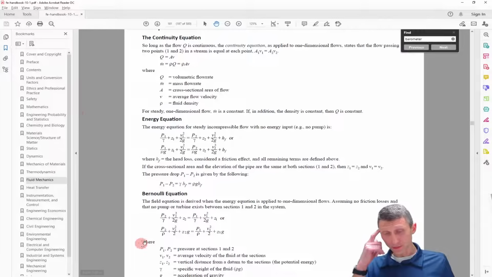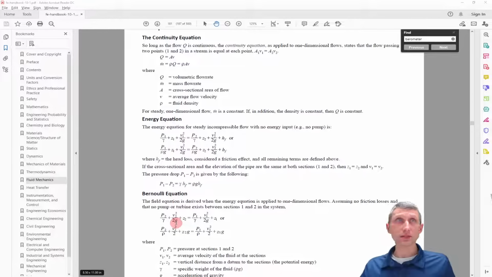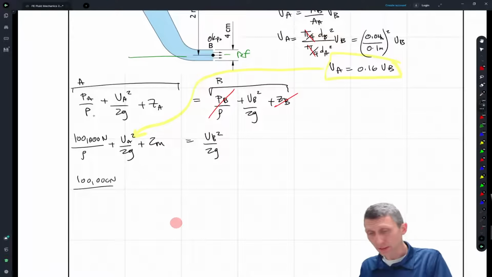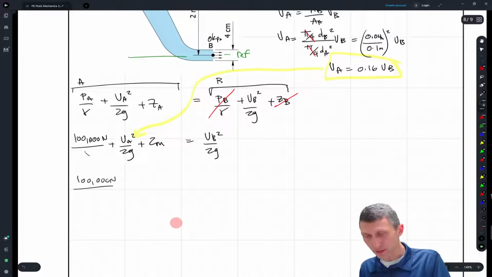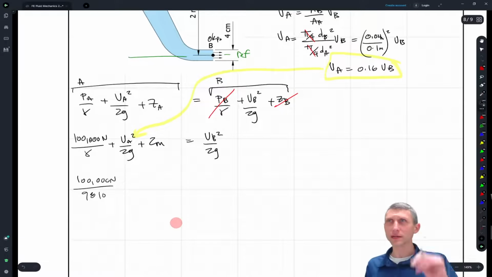Bernoulli, what is it? It's P2 over gamma, and here's the 2G, right? So P2 over gamma, and we have the 2G. So I lost a G. Sorry about that. I wrote it down right in my notes because I had 9810 in here in my notes, but then I was like, well, hold on a second.